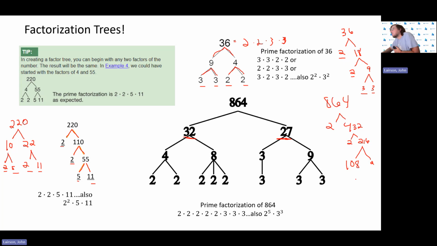Even again, 2. 108 divided by 2 is 54. Even again, another 2. I'll put it on this side now. It doesn't matter which one you put it on. 54 divided by 2 is 27. 27, finally, an odd number. We can't pull out any more 2s.